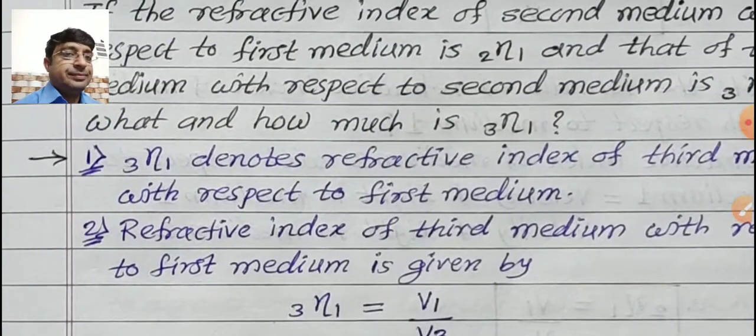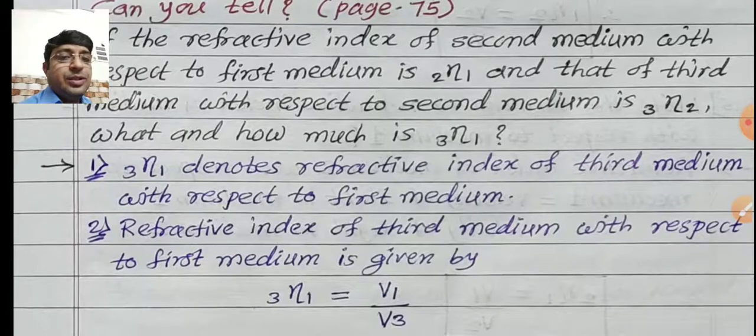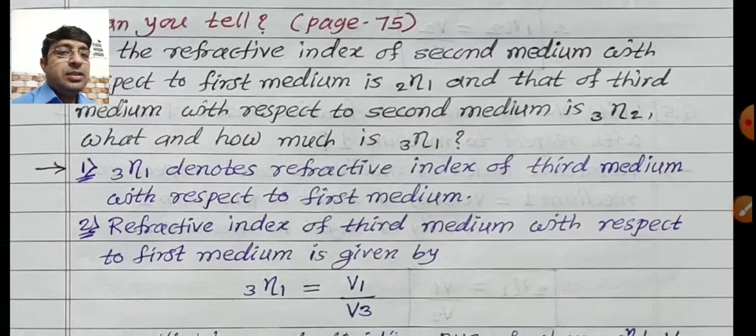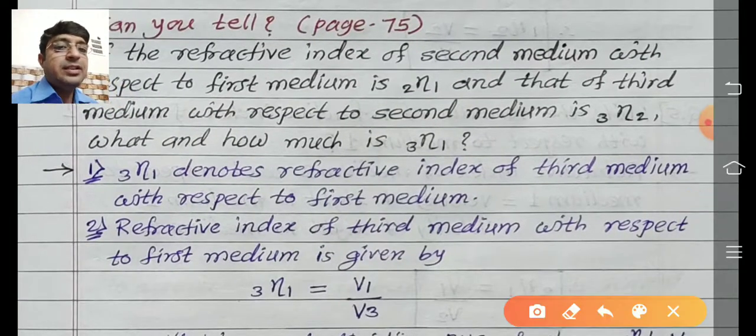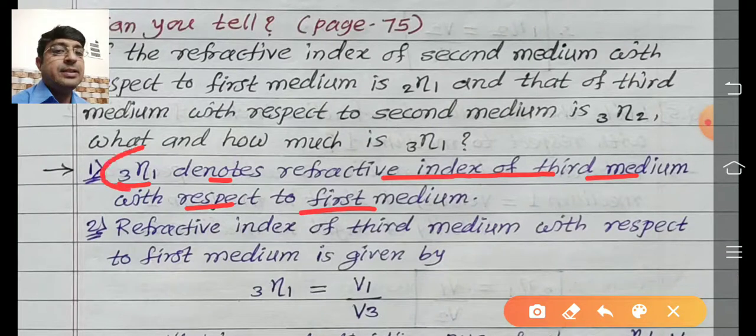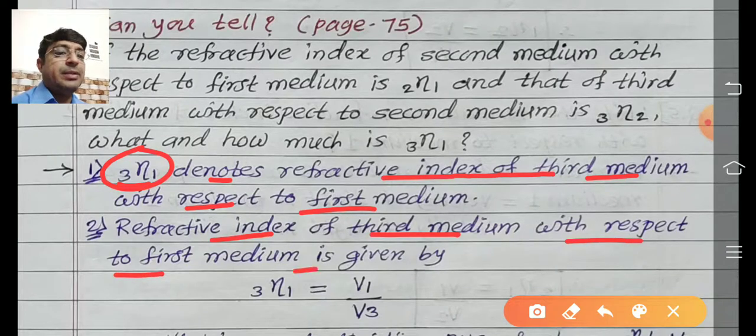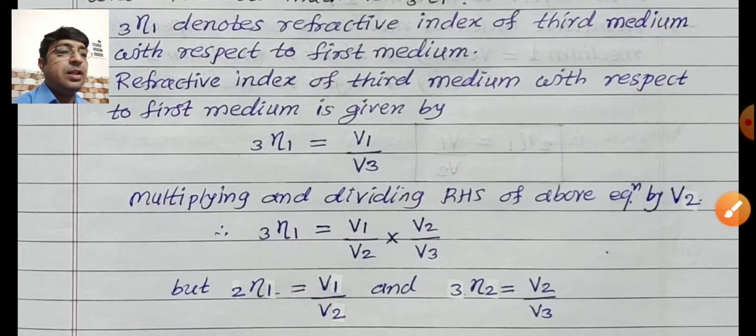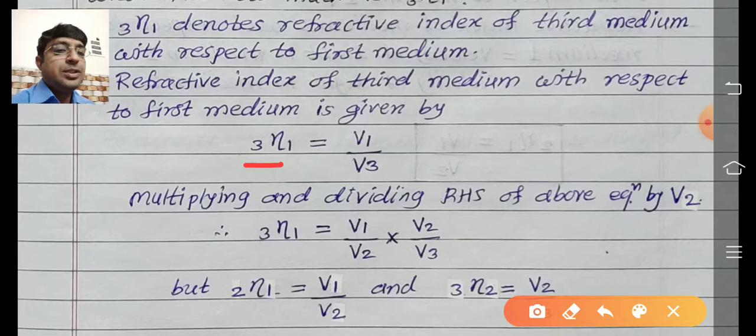The refractive index of the third medium with respect to the first is indicated by using this symbol, and it is given by the formula: velocity of light in the first medium divided by velocity of light in the third medium.